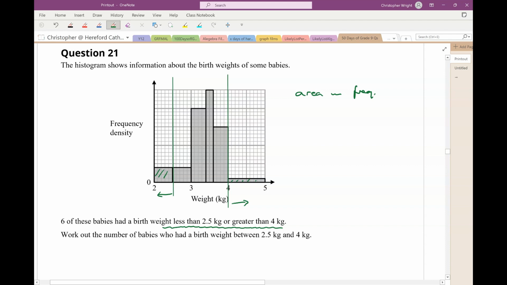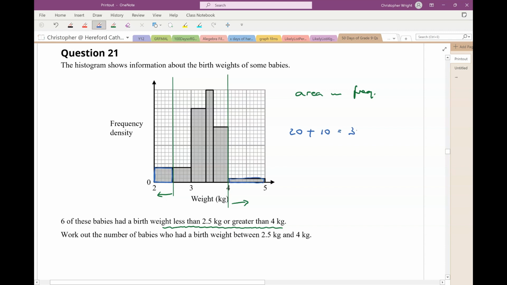Okay. Well, let's just have a think about these 6 babies first of all. We remember that the area of the bars is related to the frequency. Let's think what the area of this bar is here. Well, it's 5 little squares by 4, isn't it? So it's got an area of 20. Plus, what about the area of this one here? 10 by 1? 10.